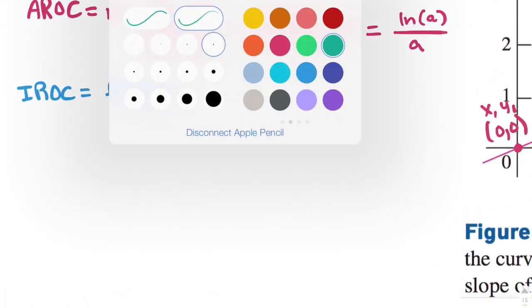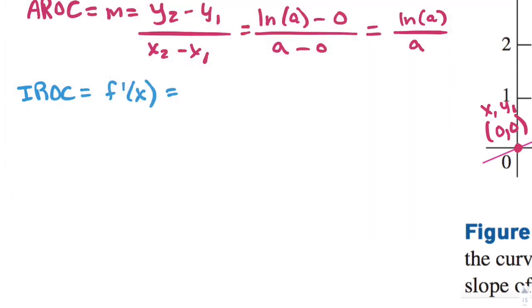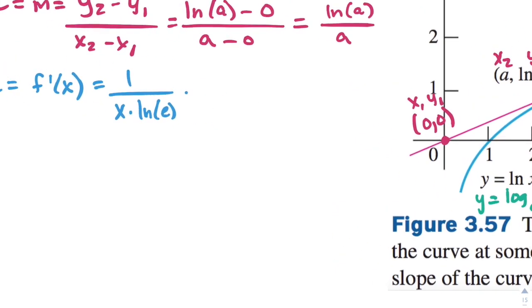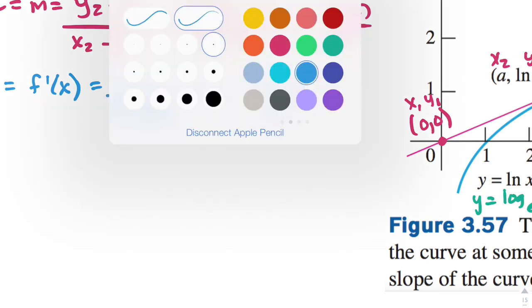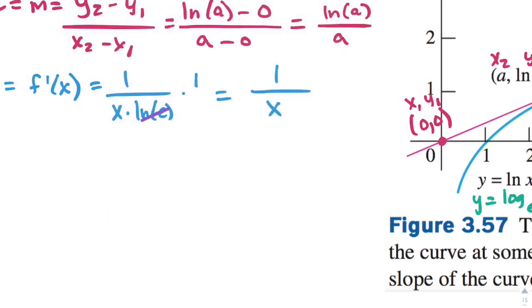So the derivative is 1 over x times ln of e times the derivative of x, which is the number 1. So my IROC, or instantaneous rate of change, is 1 over x, because this will end up going away.